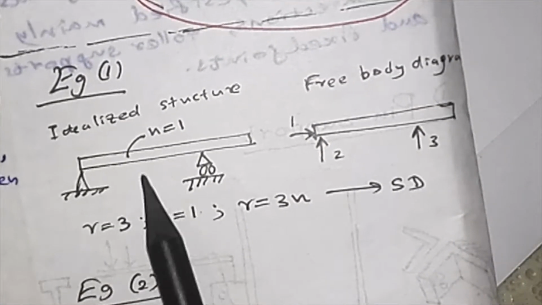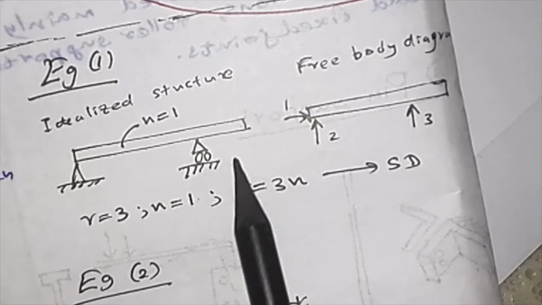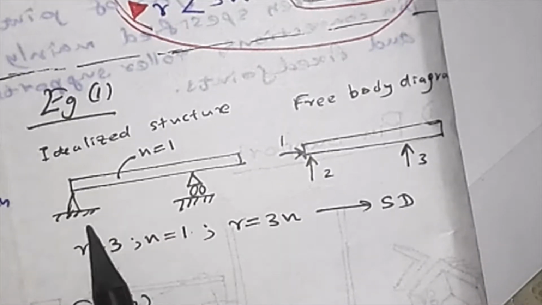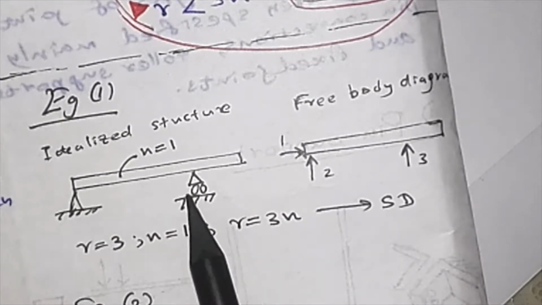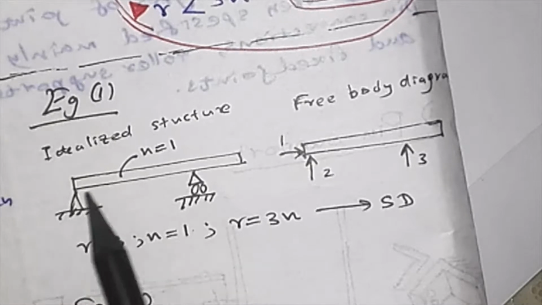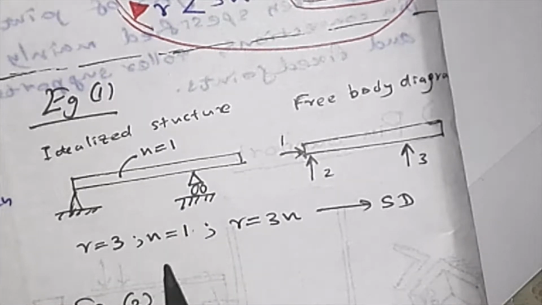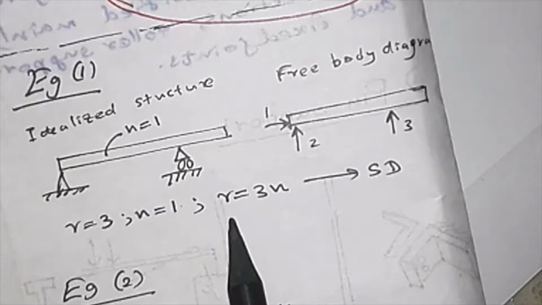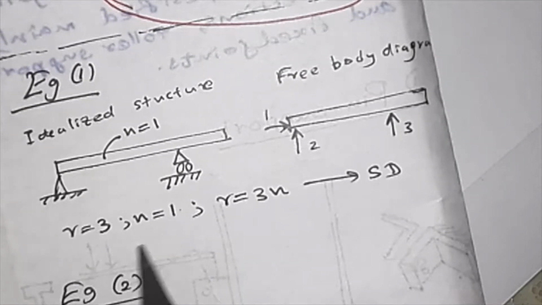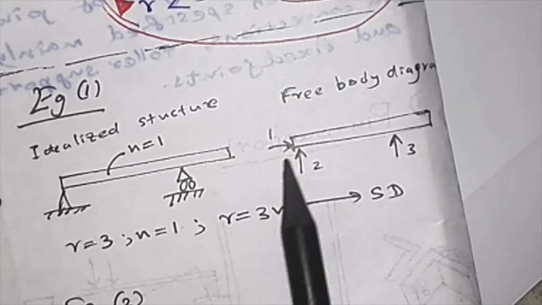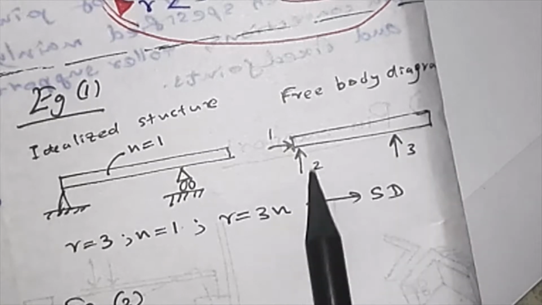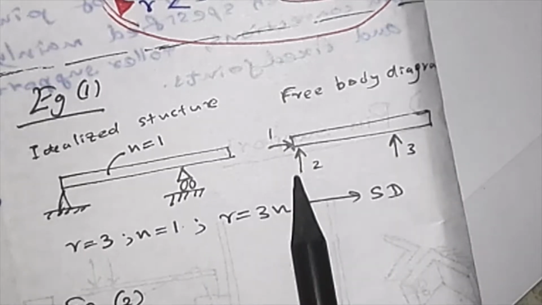And we have an example here. This is an idealized structure. We have a pin joint and a roller support. We have the element, and here n is 1 and r is 3, which means we have 3 unknowns to solve. This is the free body diagram.